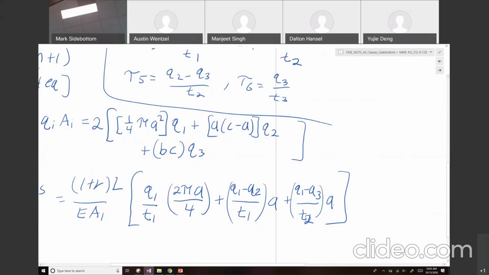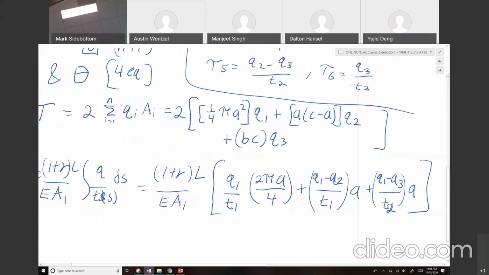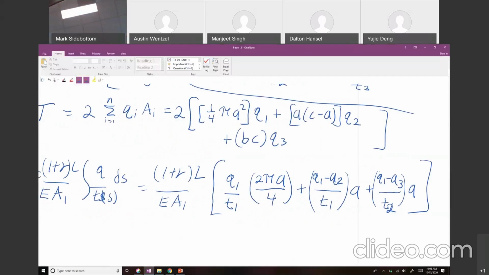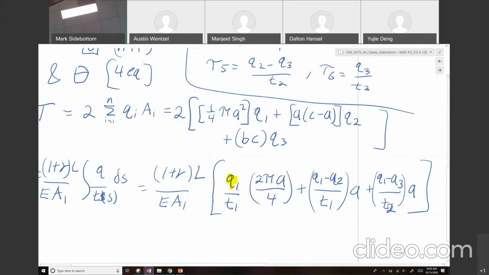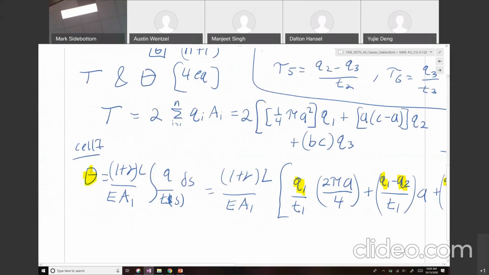Okay? So that gives us our first equation here. The only terms that are unknown in this equation are our Q terms. Everything else is a known value. And I'm sorry, theta is unknown.